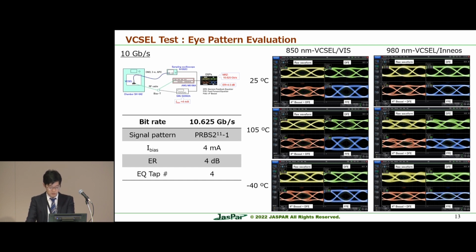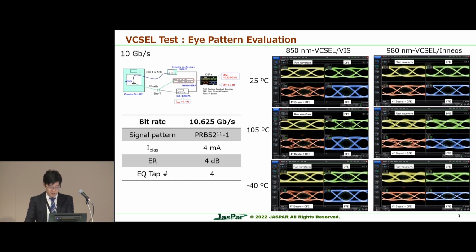This slide shows the eye pattern for 10 gigabit per second operation. A schematic diagram of the eye pattern measurement is shown here. The eye pattern was measured at I bias 4 milliampere and ambient temperature of 25, 105, and minus 40 degrees Celsius using VCSELs at 850 nanometer and 980 nanometer.